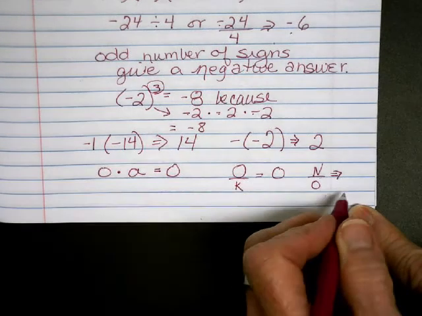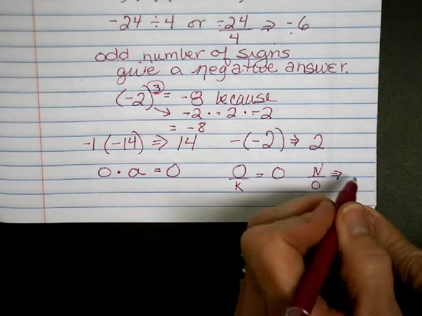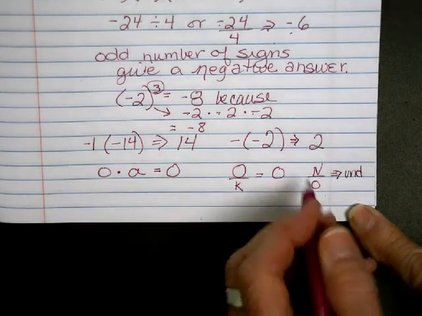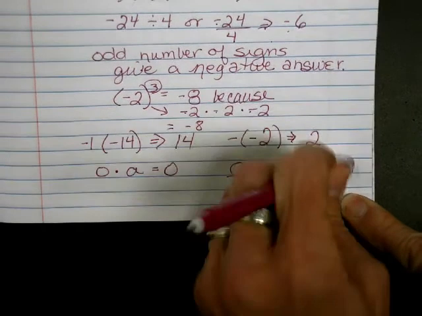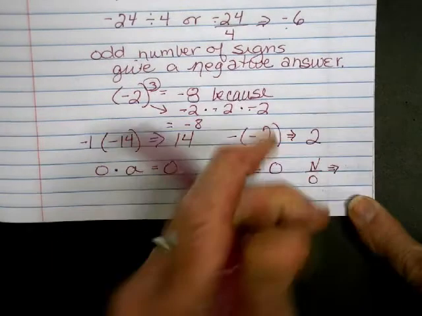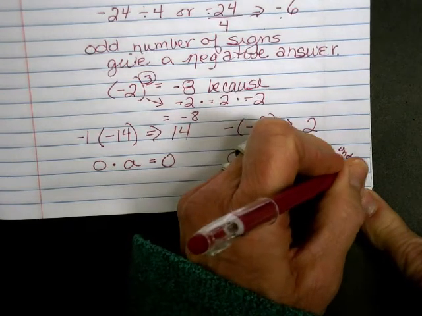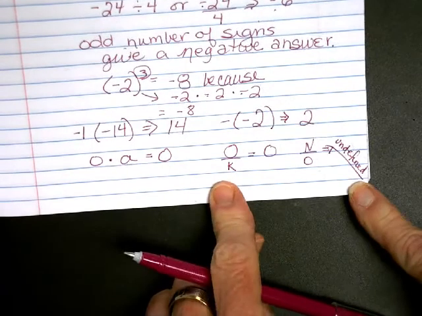So the answer to this, I don't know how they want you to put it in the computer. You'll have to read their examples. I don't know if you're going to put undefined, or if you put NA, and I'm running out of room to write my word here. Undefined.